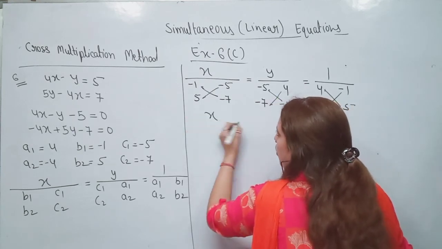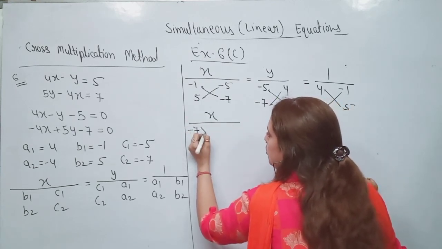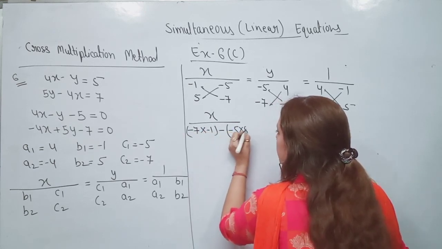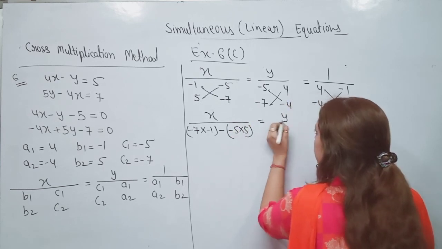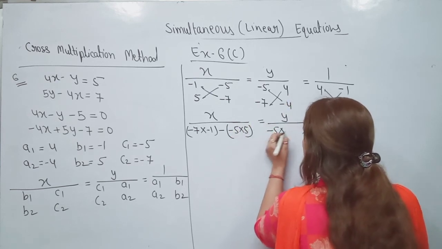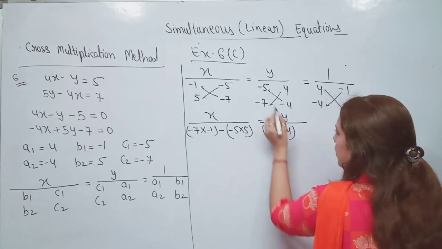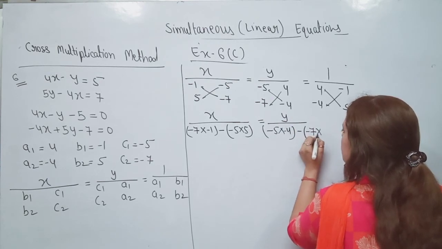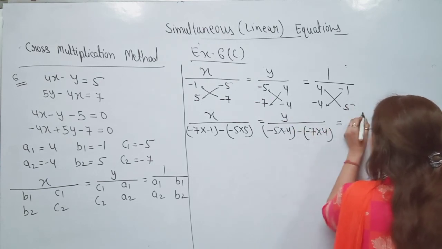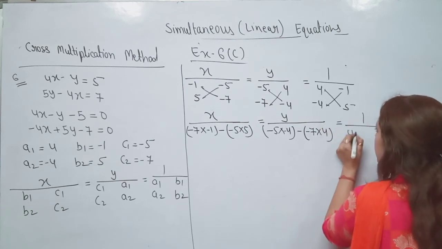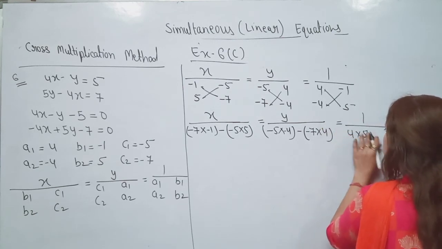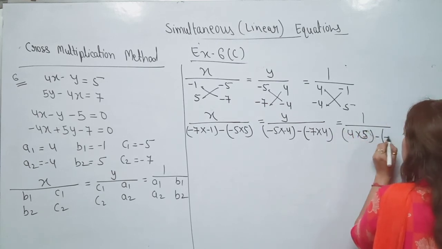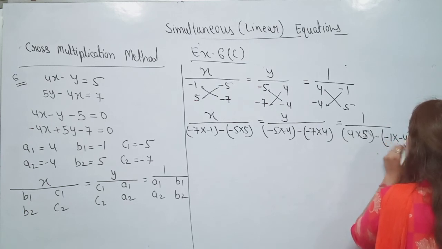X upon minus 7 into minus 1, minus 5 into 5, is equal to y upon minus 5 into minus 4, minus 7 into 4, is equal to 1 upon 4 into 5, minus 4 into 5, minus 1 into minus 4.